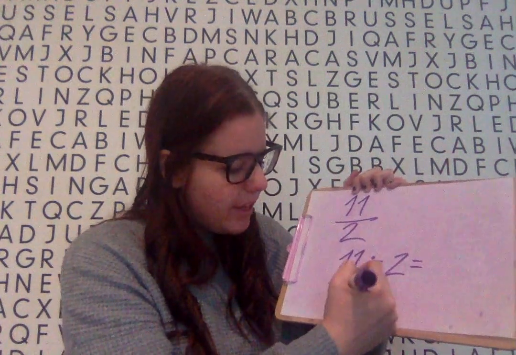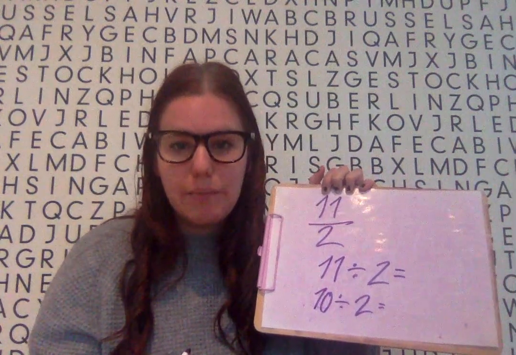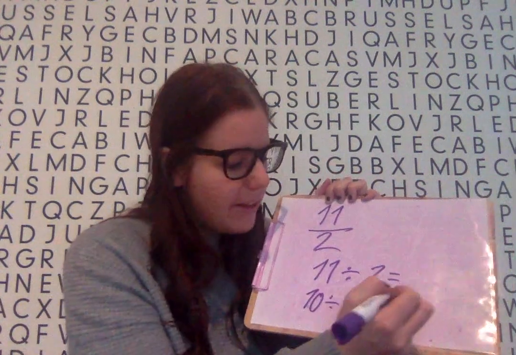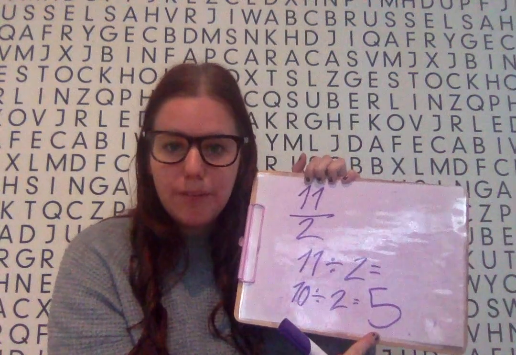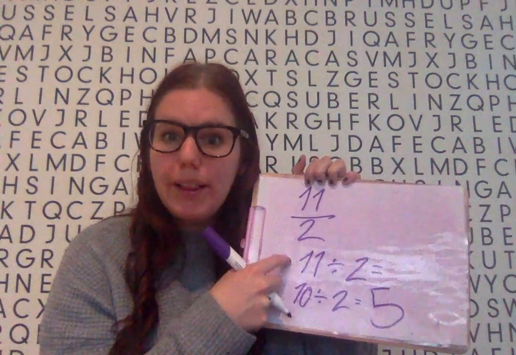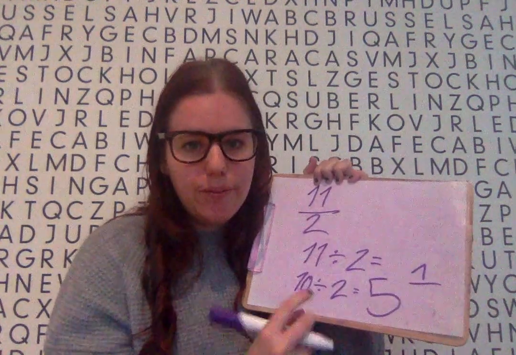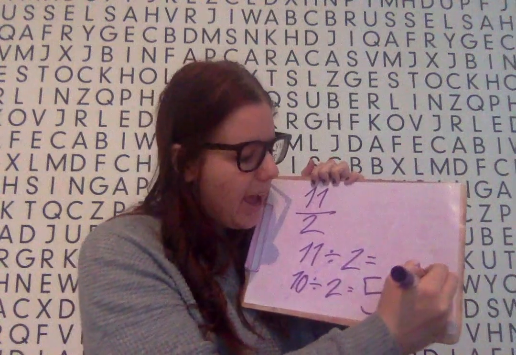What we can do is 10 divided by 2. What do we get for 10 divided by 2? Exactly, we get 5. So 5 will be our whole number. And remember, we have 1 left over from the 11, so that will be our numerator. And 2 will stay as our denominator. So this is a little trickier.